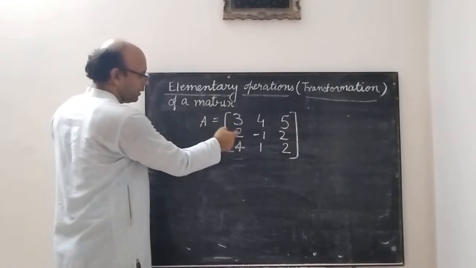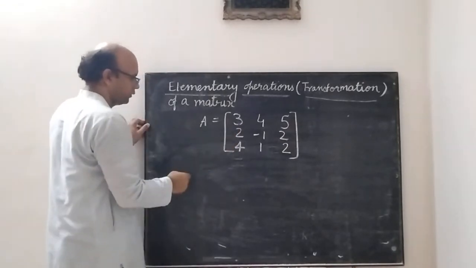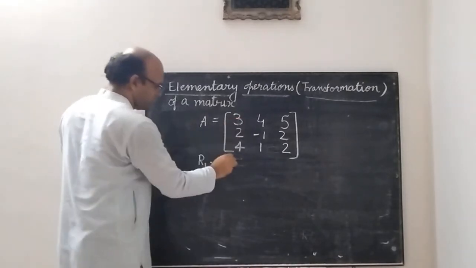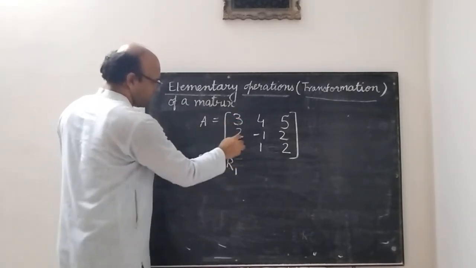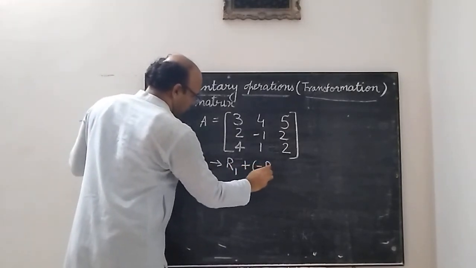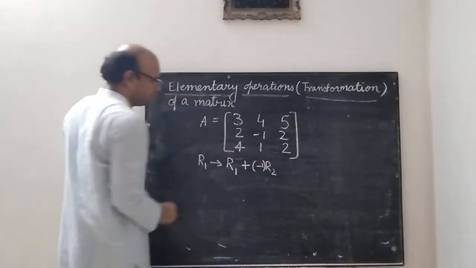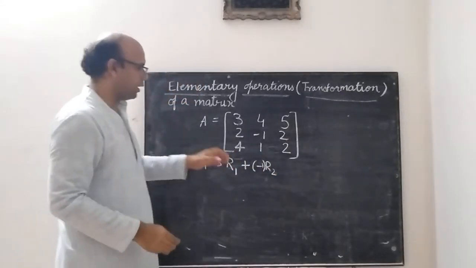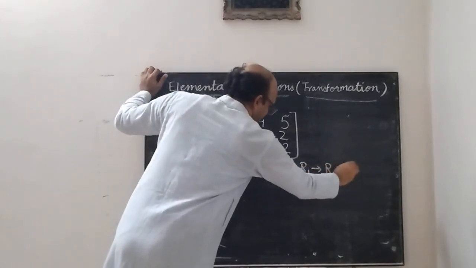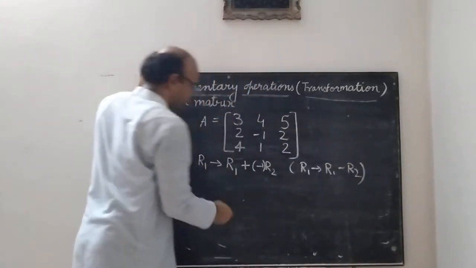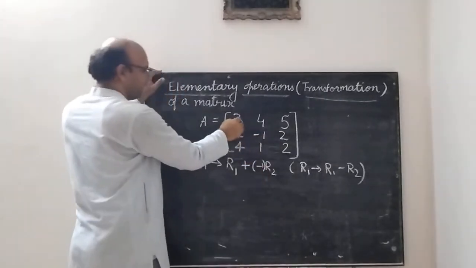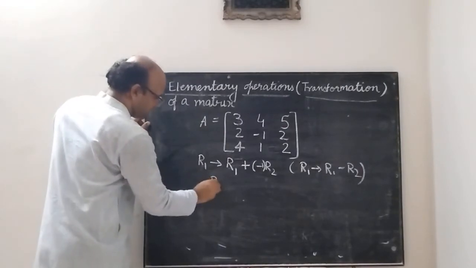So what we do is, with the help of this one, we can do it. So we have the operation, because R1 is already there, we just have to subtract the 2. Most of the times you just write it as R1 minus R2. So we are actually multiplying the elements of R2 by minus 1, and then we are adding it to this one to get a new matrix B.